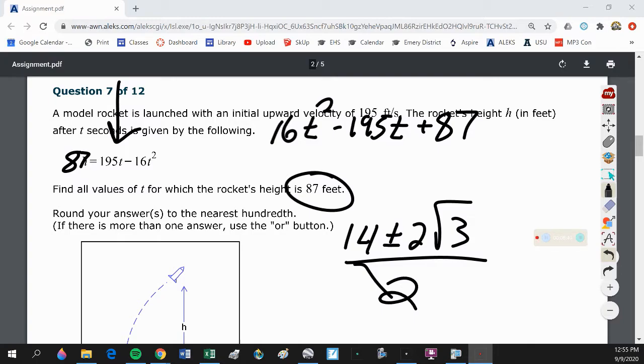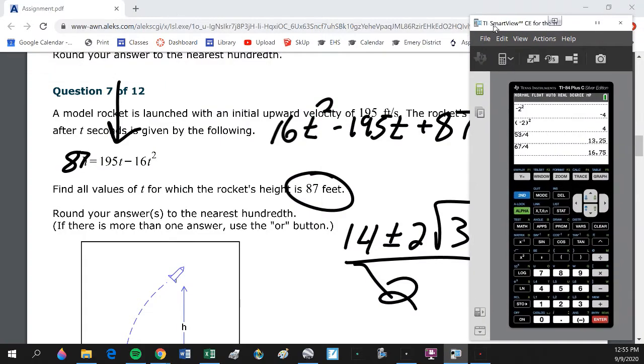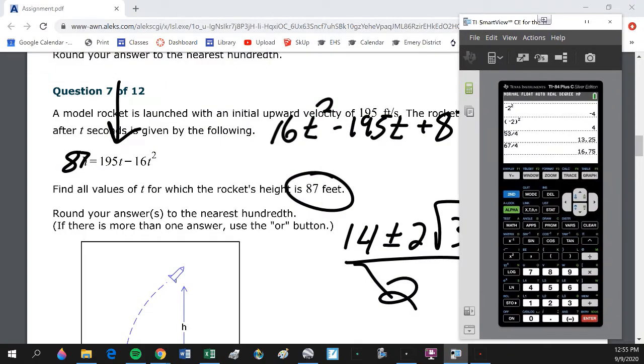We need the decimal, right? Let's just plug it into our calculator. Is my calculator here? Oops. Nope, it's on my other screen. So don't forget that the numerator, you need to treat it like it is a fraction.